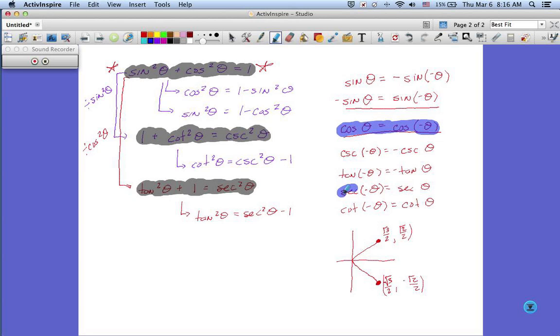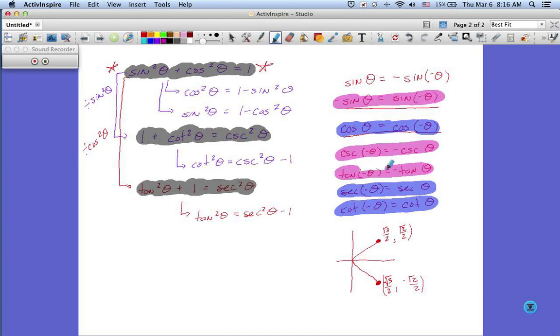Cosine, 1 over cosine, and cosine over sine. The ones that are opposites are the ones that relate to sine. Sine, 1 over sine, and sine over cosine. Okay, so those are the opposite there.